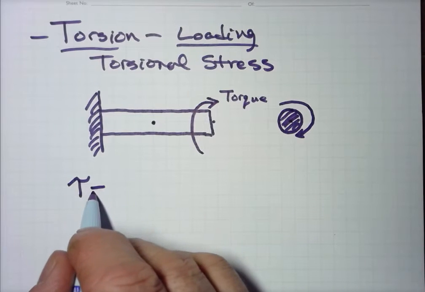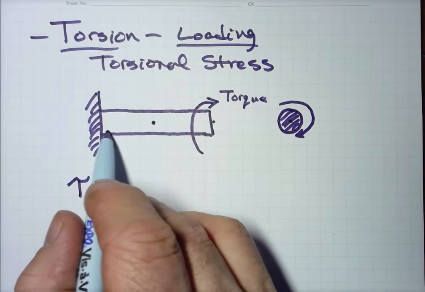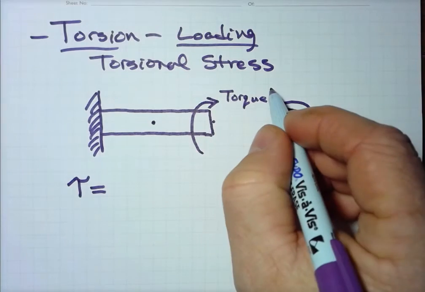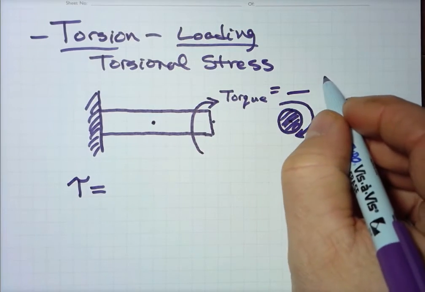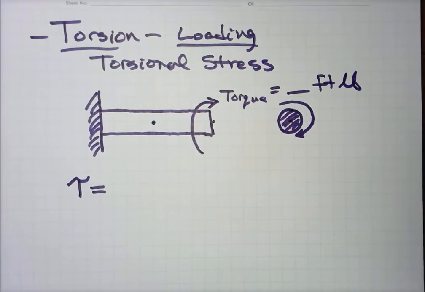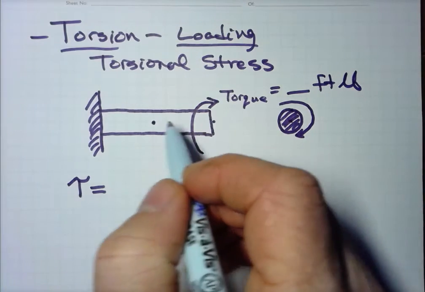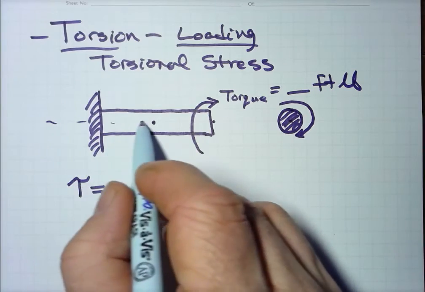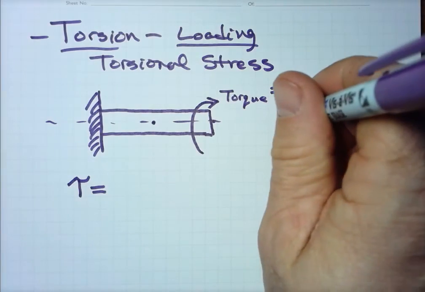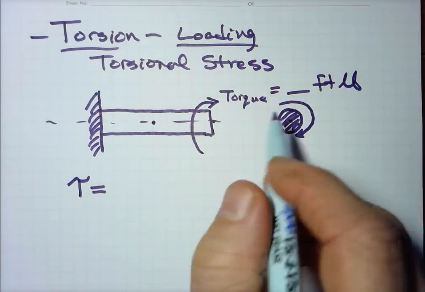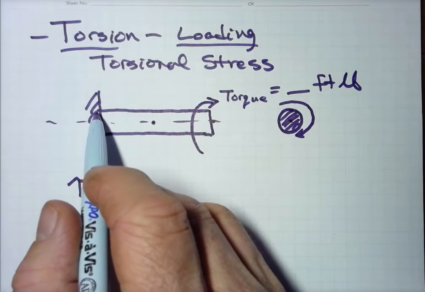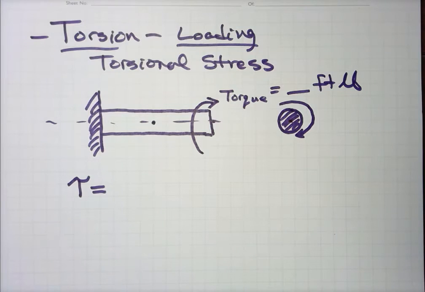And if you go up and down this shaft, the torque would be everywhere the same. Say I put some number on there of foot-pounds, maybe 100. If you sum the moments about this axial shaft, whatever that torque is would be the same torque down here at the fixed end, and the same everywhere in between.